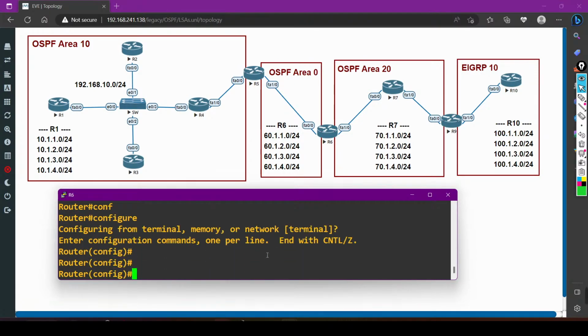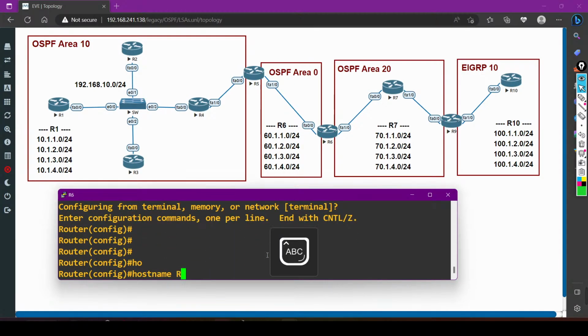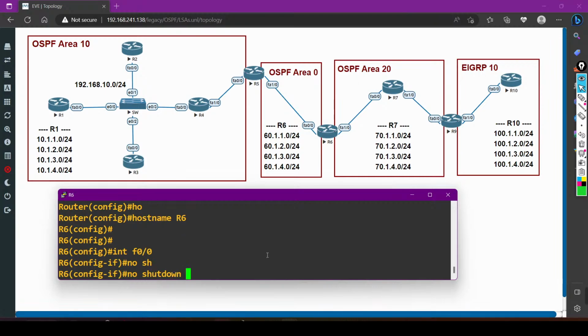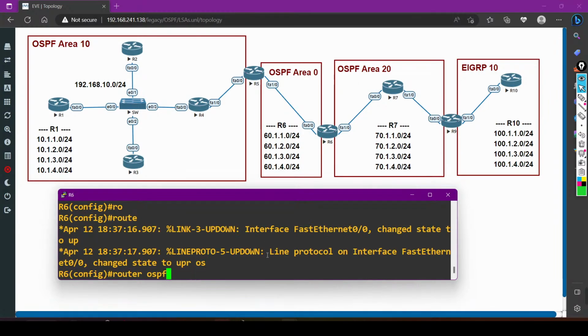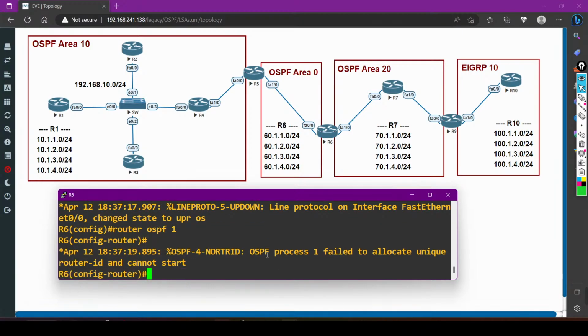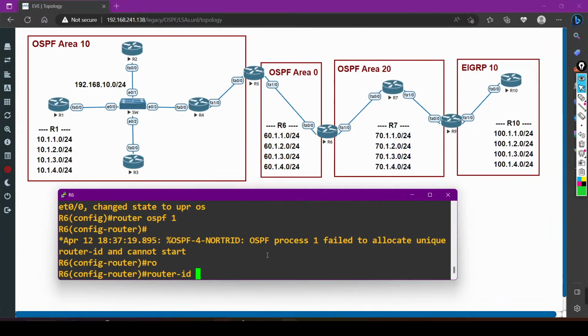Config t, hostname R6, interface F0/0, no shut. First of all I am going to enable router OSPF 1 here, and directly I will enable OSPF 1 on the interface. So router OSPF 1 and router ID is 6.6.6.6.